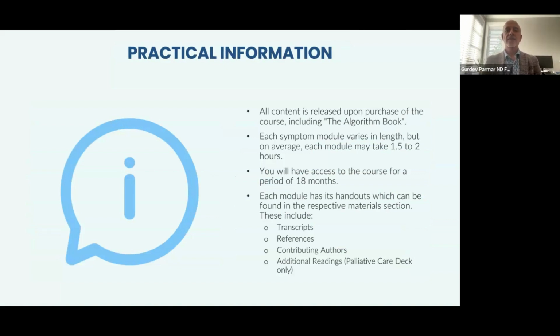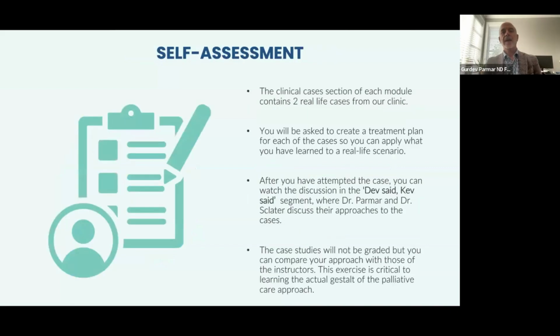And as mentioned earlier, each module has its handouts, such as the transcripts of the lectures, the reference lists, etc. At the end of each module, there's a self-assessment, there are 2 clinical cases, and you will be asked to create a treatment plan before you listen to what Kev and I have to say about it.